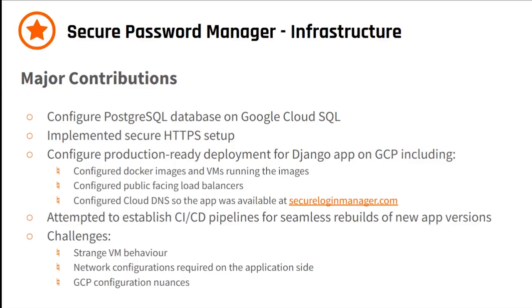All these things, I was just on the Google Cloud console every day, trying to make Docker images out of our application, uploading them to the artifact registry, setting up the VMs, setting up the instance groups, setting up load balancers to create new VMs as required, redirecting our DNS queries to our load balancer's public IP address. I attempted to create some CI/CD pipelines for this, but that ran into the challenges section.